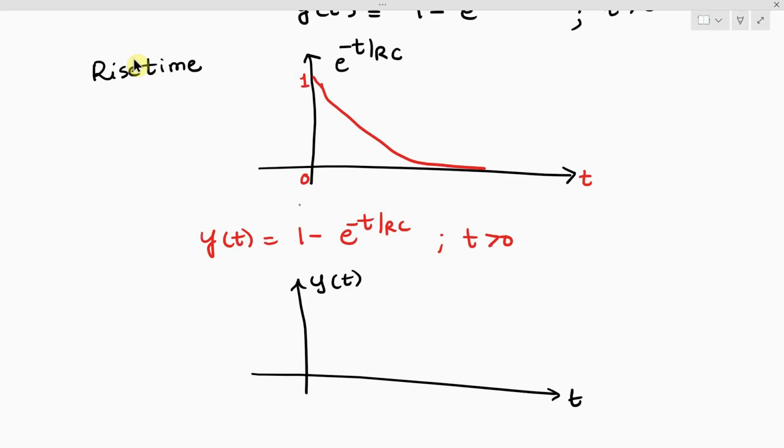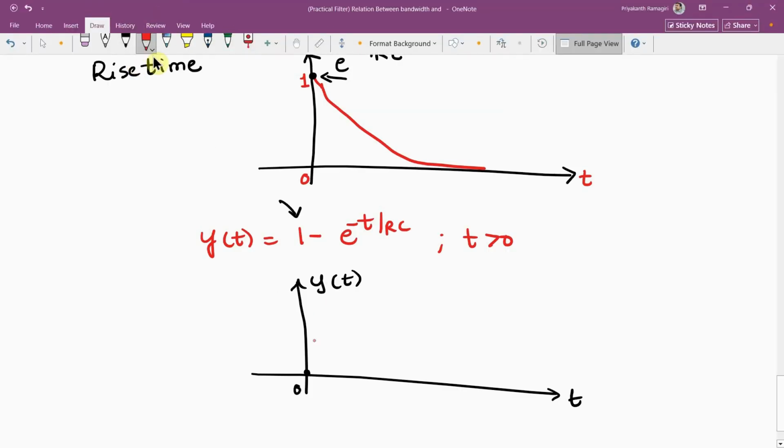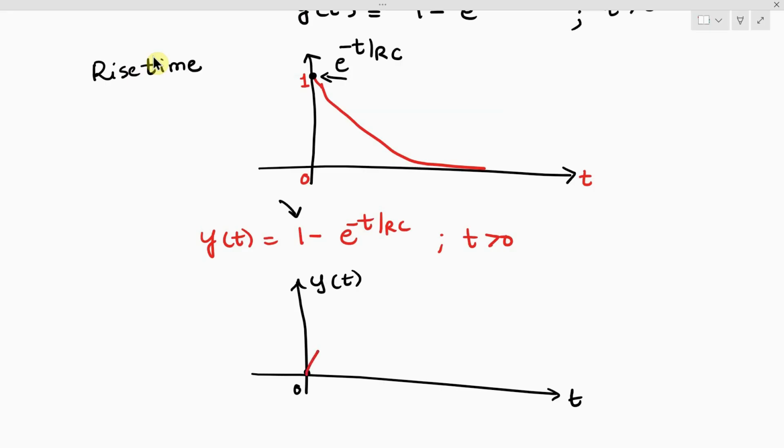Before subtracting this from 1, what is the maximum value you got here? 1, right? Now, when I subtract this from 1, what happens to the value at t equal to 0? It becomes 0. That means the response starts from the origin. You get an exponential rise like this.